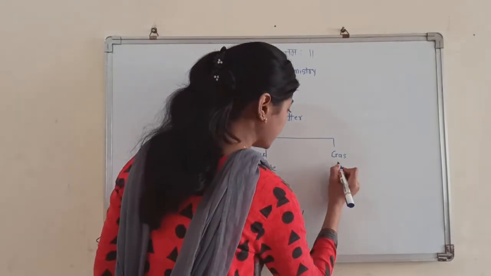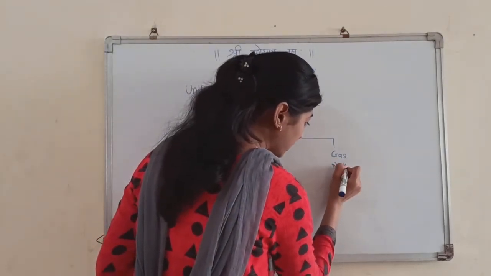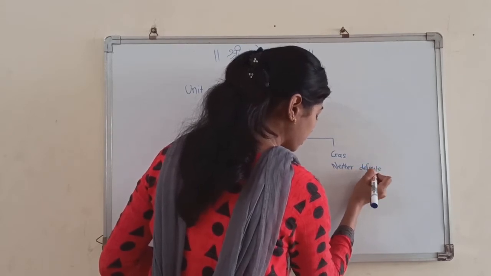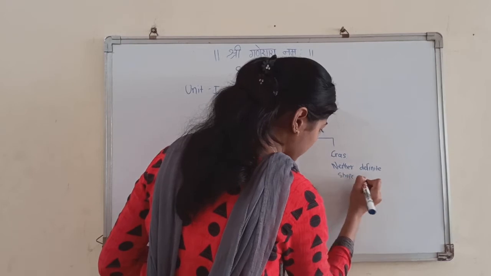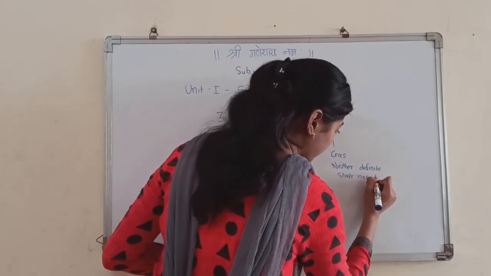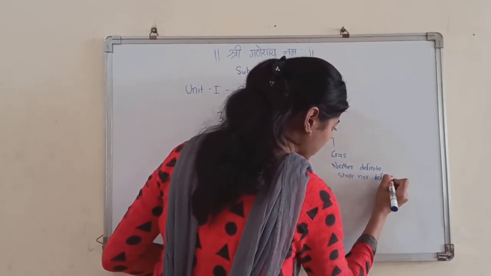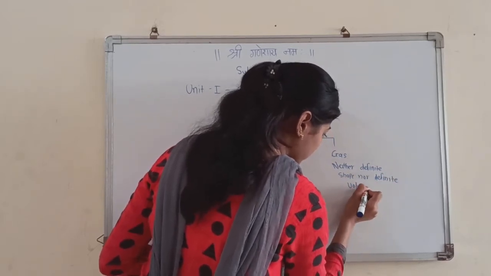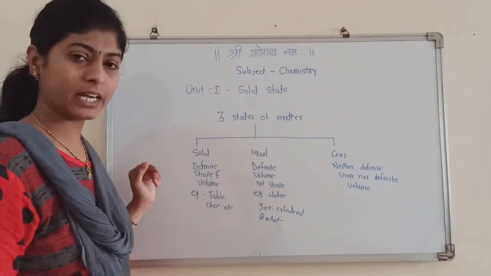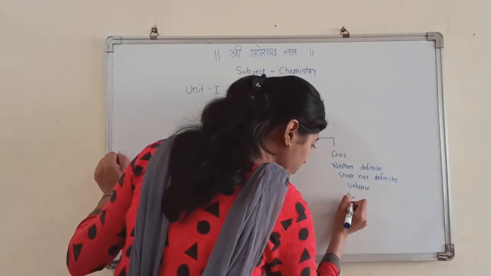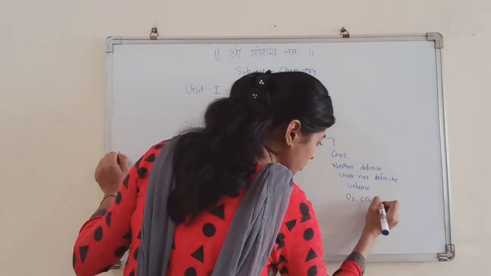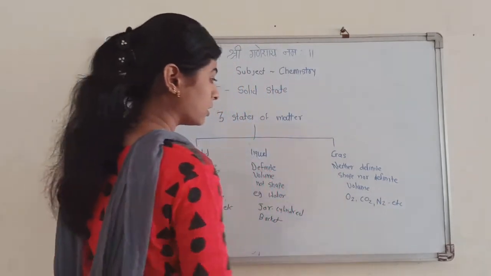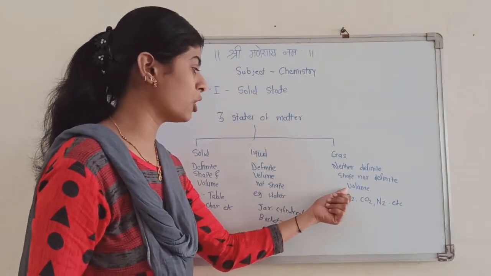Now moving towards gas, it has neither definite shape nor definite volume. Example, free air. It contains O2, CO2, nitrogen gas, etc. It has neither definite shape nor volume.